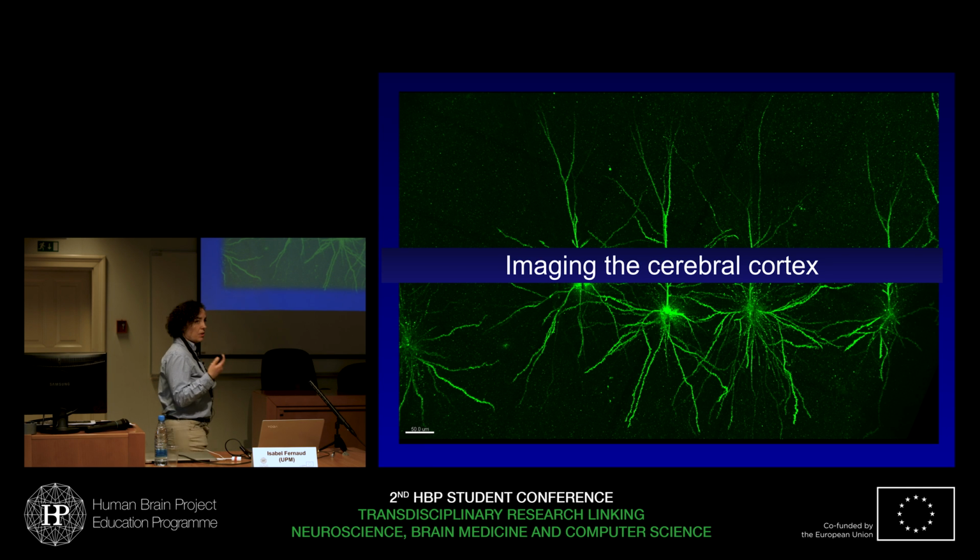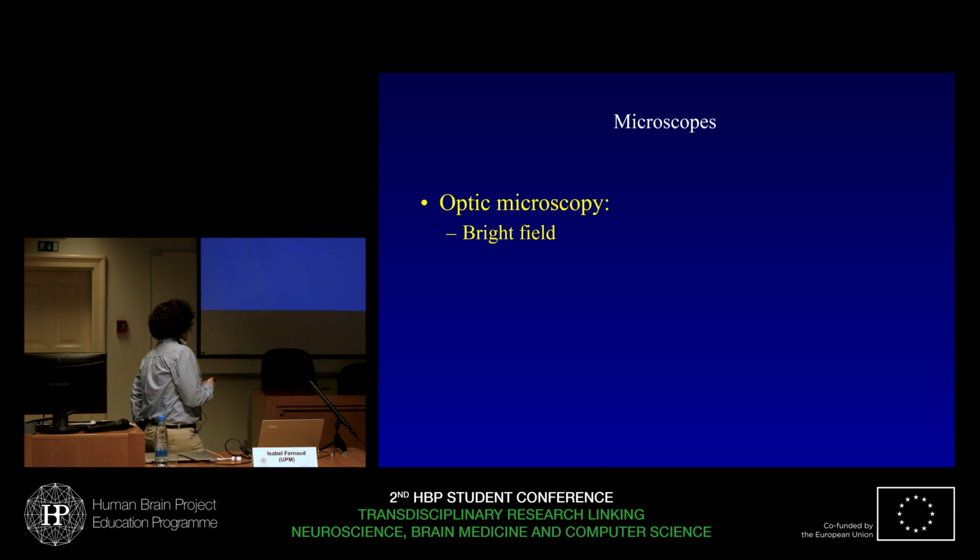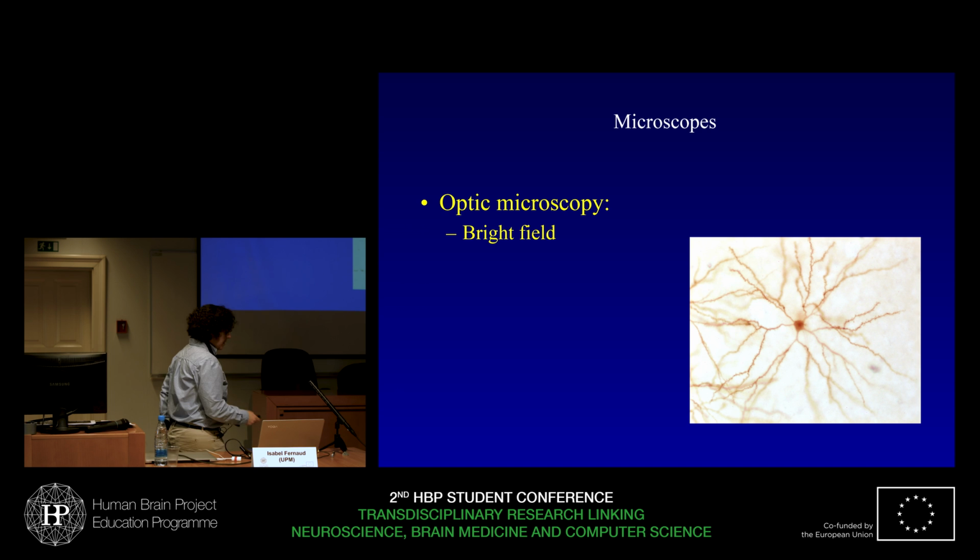So let's start with the techniques that we are currently using to image the cerebral cortex. I wanted to start by reviewing the types of microscopy we have. You have optic microscopy, you have bright field, where you have images like this, much better than this, but the computer is wonderful.